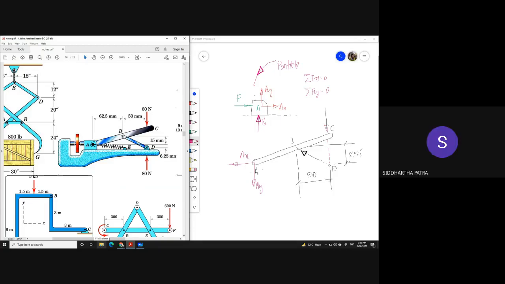That 80 Newton force is actually, if you consider the equilibrium of the whole structure, that means that platform at the bottom is only being subjected to 80 Newton and 80 Newton, from, let's say, the hand forces.